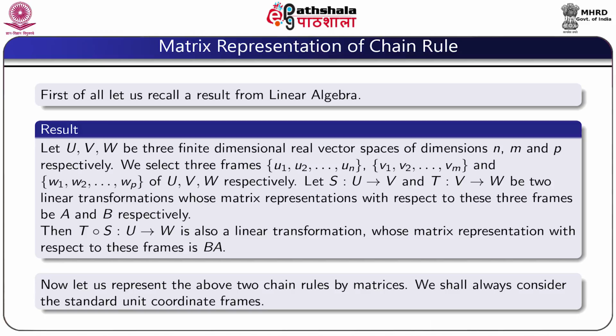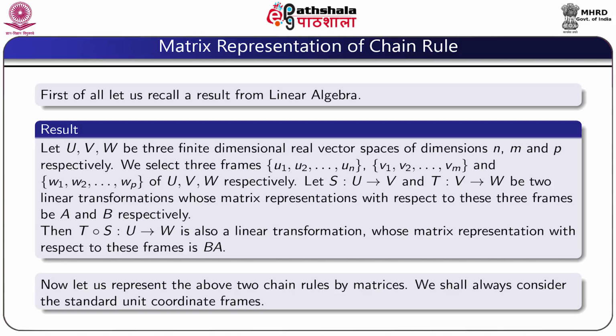We assume the matrix representations for S and T with respect to these three frames be A and B. Then T compose S from U to W is another linear transformation whose matrix representation will be BA.